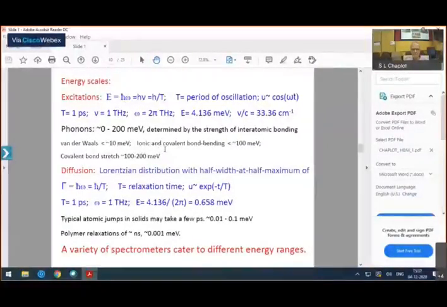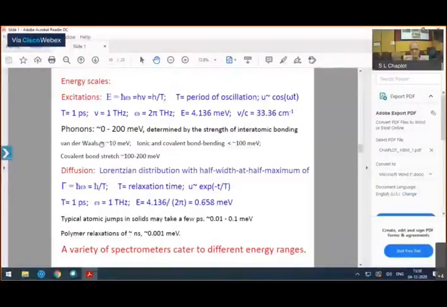Typical lattice modes, which are not limited by any covalent stretch or bond bending, would be somewhere in this range. It could be tens of millielectron volts. A good example here is graphite, because graphite has the van der Waals interaction between the hexagonal layers of graphite.